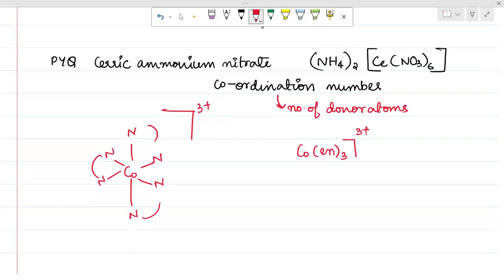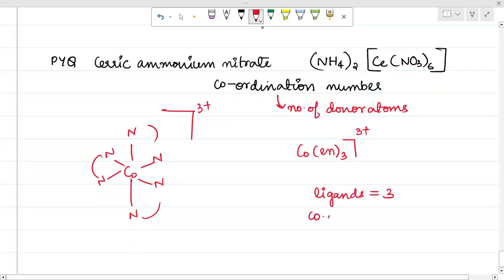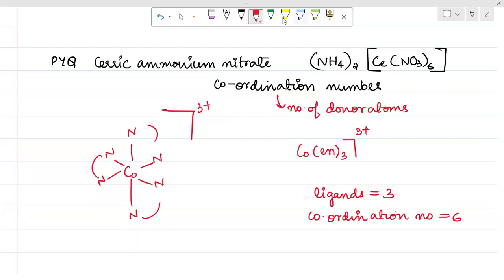So there are 3 ligands. Number of ligands, 3. What is the coordination number? Coordination number is 6. 6 donor atoms. 1, 2, 3, 4, 5, 6. So coordination number is the number of donor atoms and not the number of ligands.